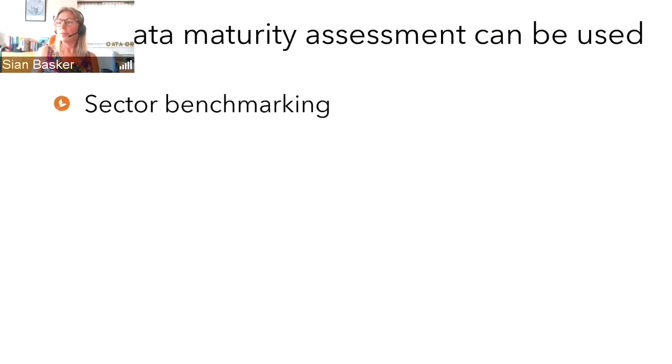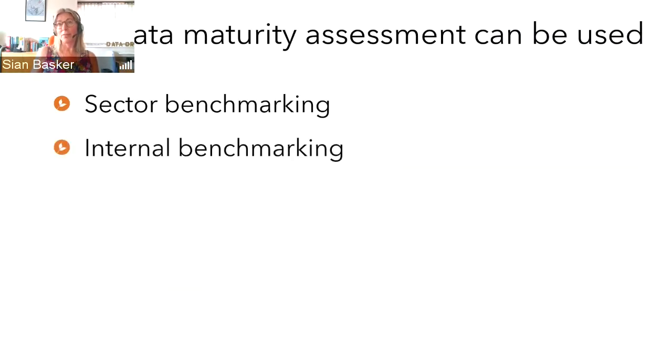So just some of the ways in which the assessment can be used. Obviously, we can use it for sector benchmarking, and that's what we're doing right now. The more advanced, sophisticated tool has an opportunity for organisations to do internal benchmarking. So in very large organisations, which might be dispersed or operating in different countries or different departments, it allows you to identify perhaps where the leaders and laggers might be within your own organisation and start those conversations.